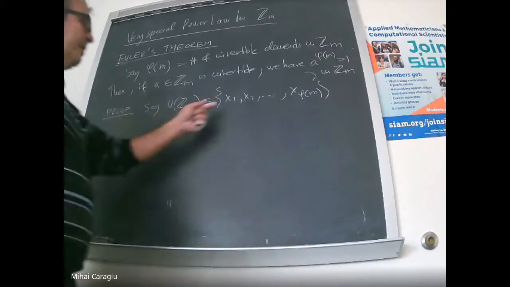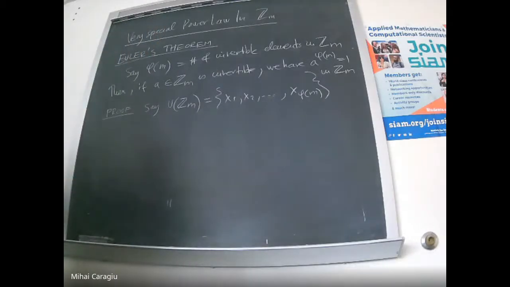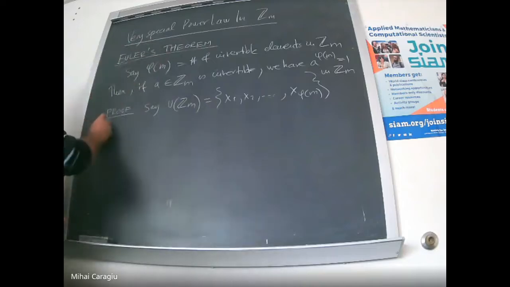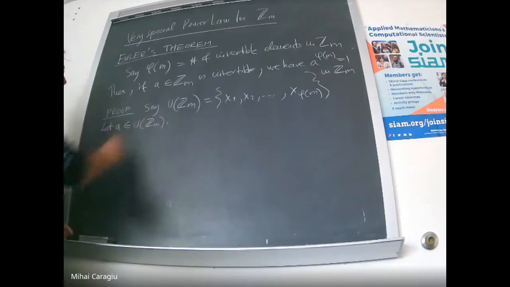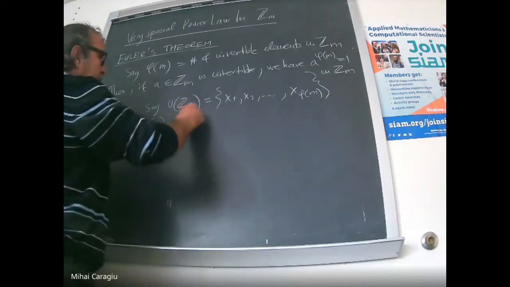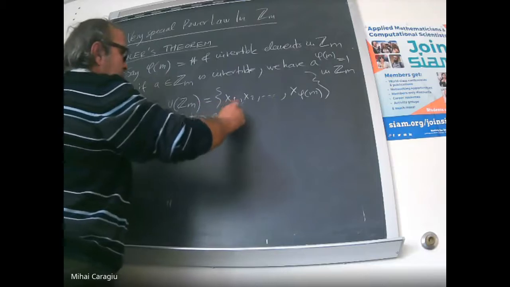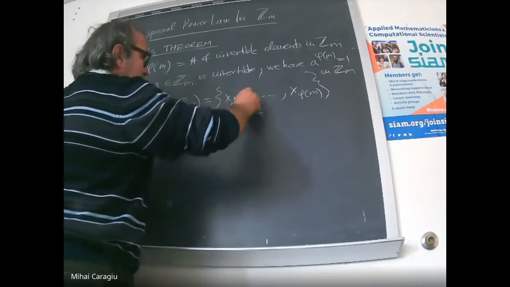Okay, and then let A be an element of U of Zm. So in other words, A is one of those.